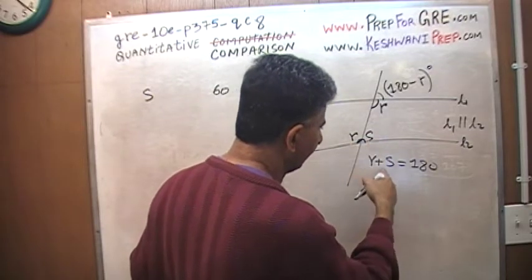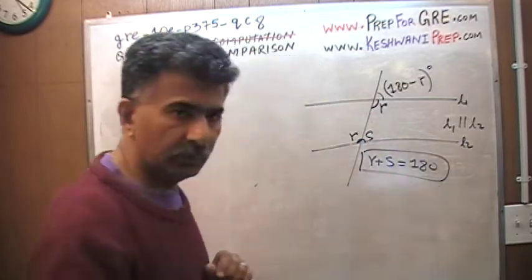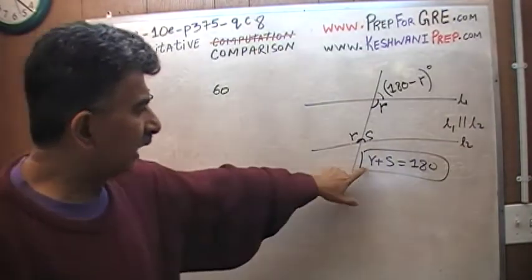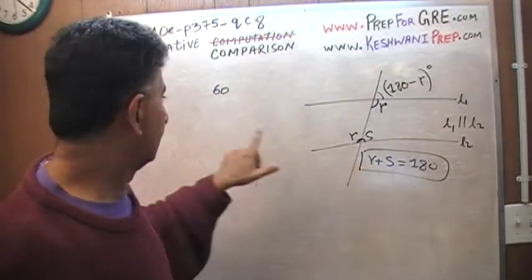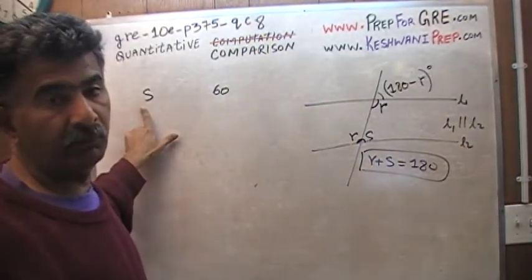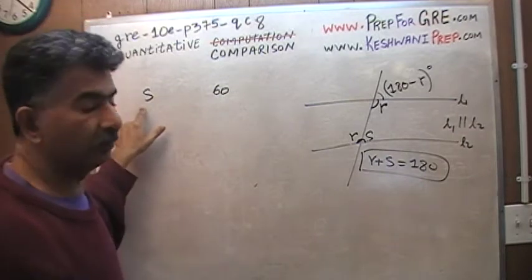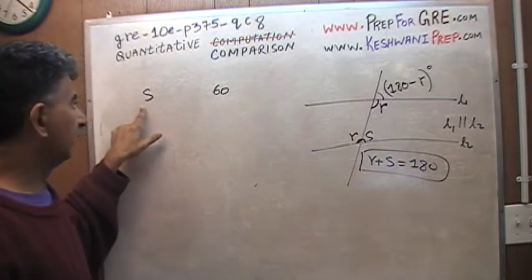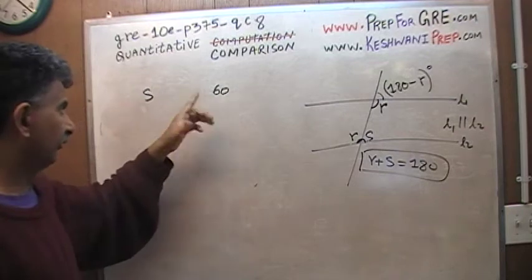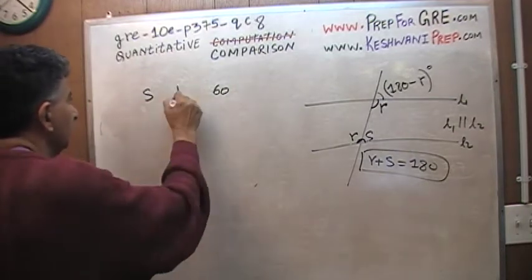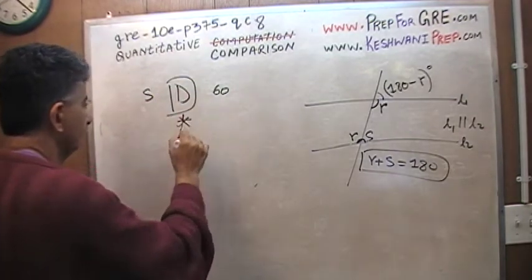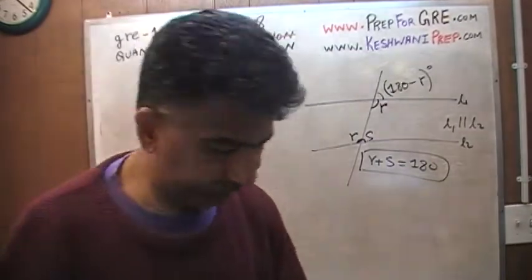We know that for a fact, but unless we know the value of R, we cannot say anything at all about S. So if you are being asked to compare S versus 60, the answer is, how do we know? The answer is D. No, we cannot tell. That's all.